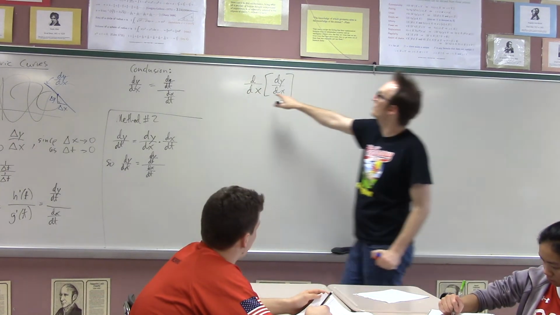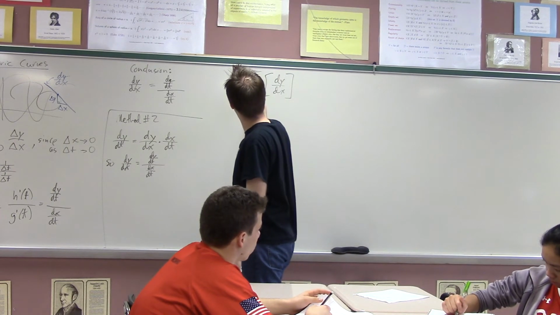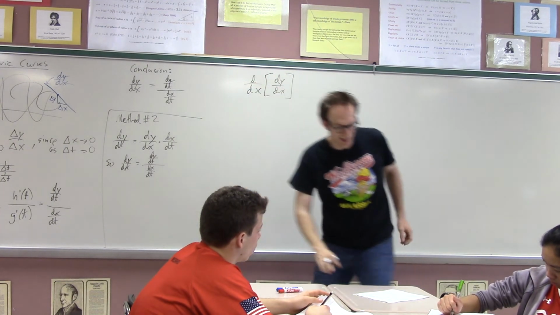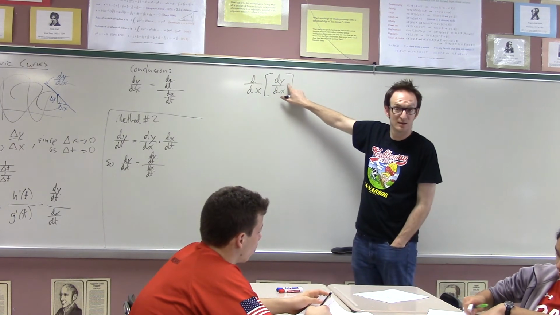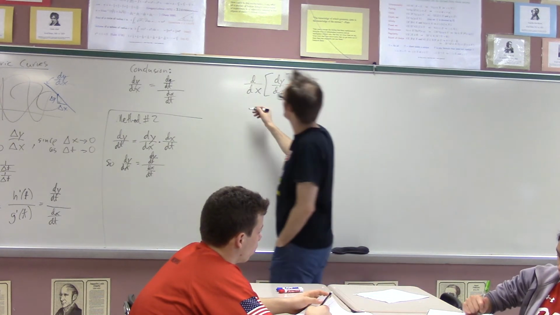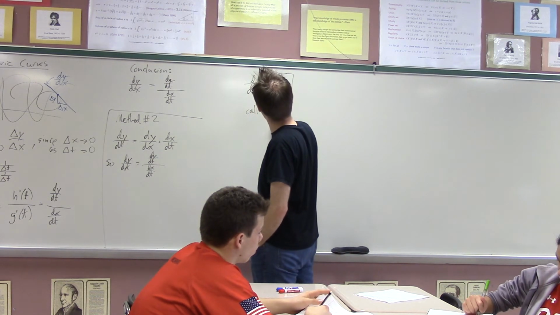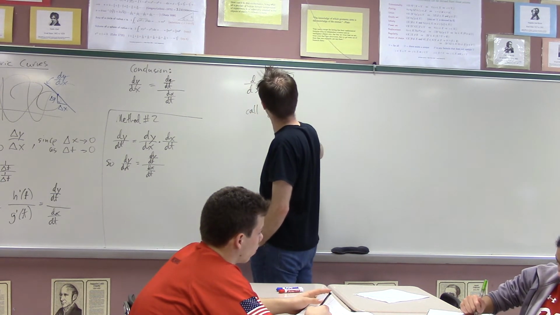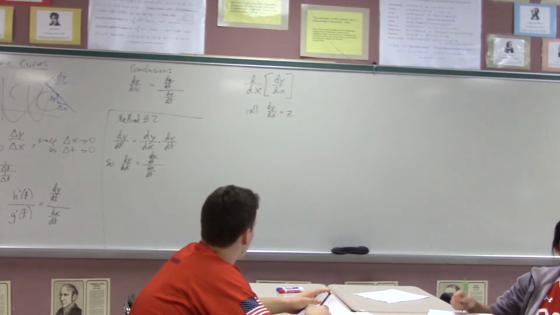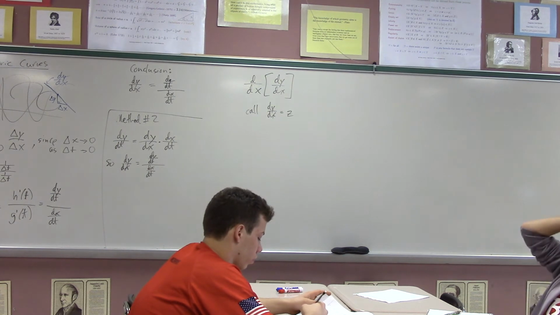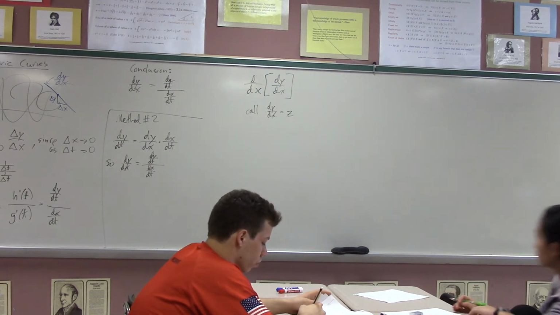So I need to find the derivative with respect to x of dy/dx. But dy/dx is just some function of t. So maybe just temporarily, call dy/dx z or something.